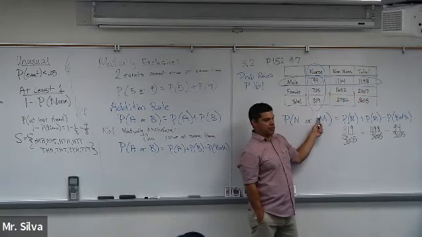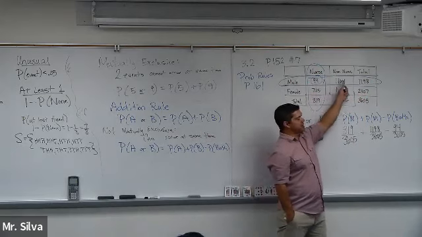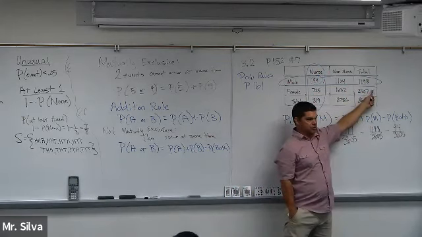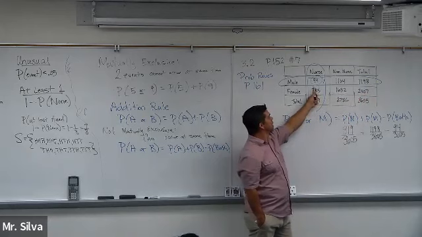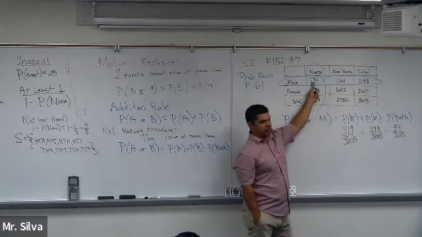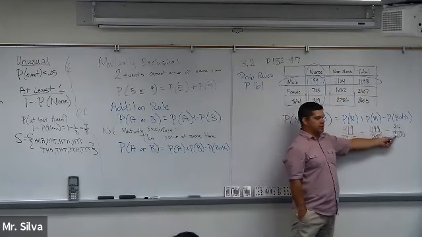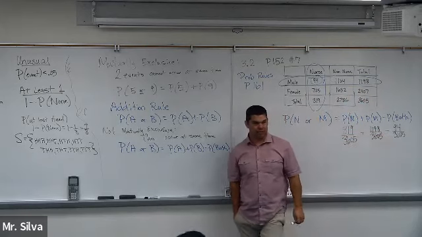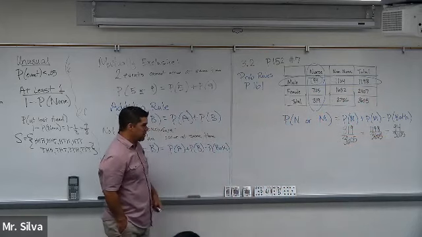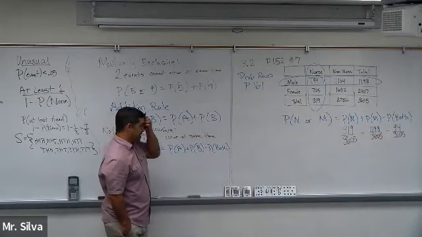Males, I counted them in the male group. Nurses, I counted those 94 people that are male nurses in the nurse group. I counted 94 twice, therefore I have to subtract the 94. Okay, because they got counted twice. And you can figure out what that decimal is.